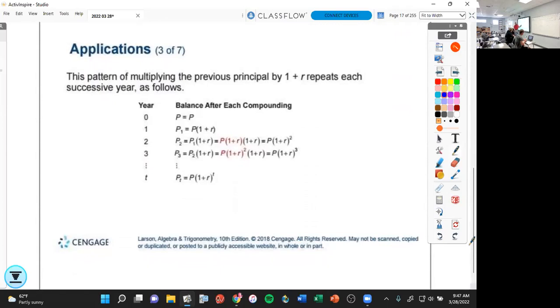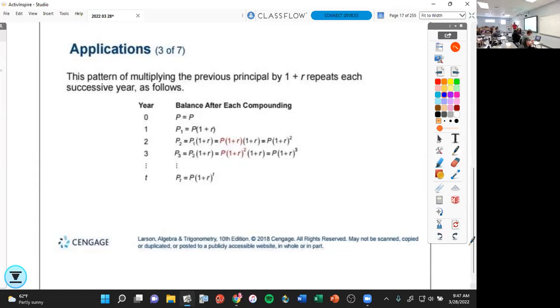P sub 2. Well, P sub 2 is going to start with your P sub 1, and you're going to get more interest. So it's going to be P times 1 plus r squared. After the 3rd year, P times 1 plus r cubed. After the 10th year, what would it be? P times 1 plus r to the 10th.